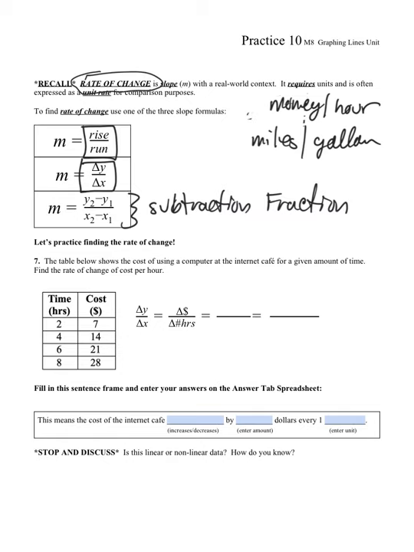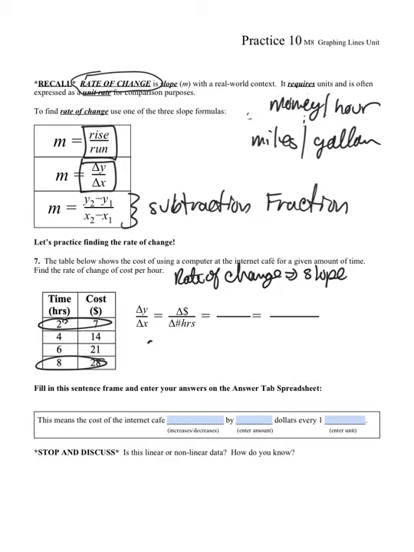The table below shows the cost of using a computer at the internet cafe for a given amount of time. Find the rate of change of cost per year. And we've discussed how rate of change is another term for slope. So we're going to pull 2 points from here. I'm just going to take the first and the last point.